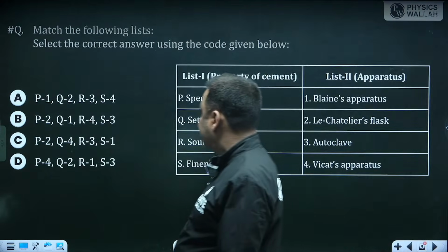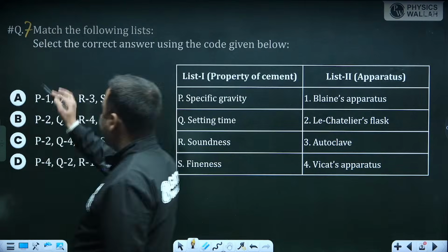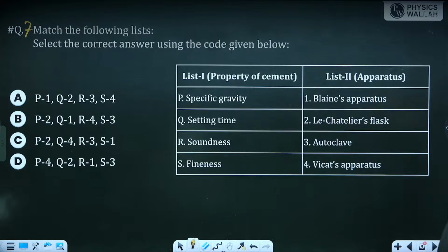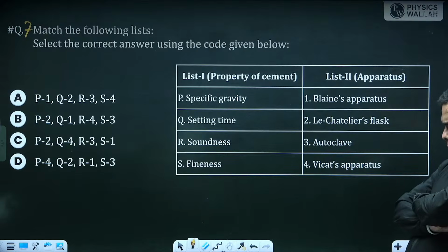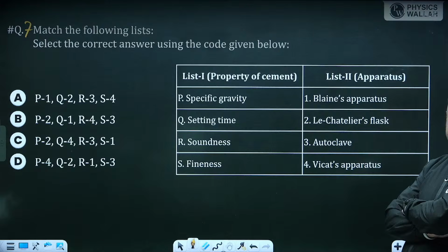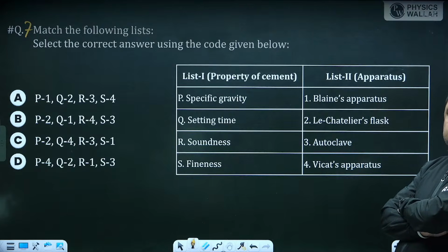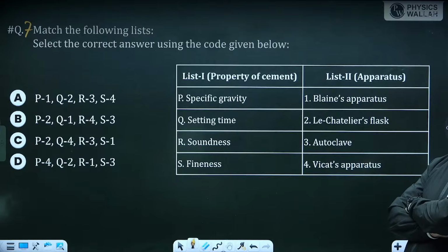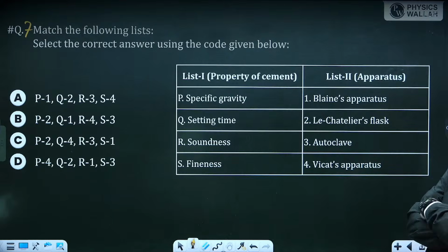Next. 7th. Tell me. What would be the answer? You guys are telling C. Let's check.